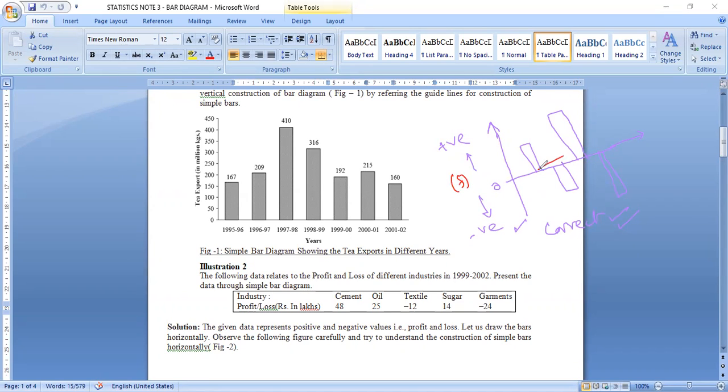And they are the industries. X has 5 industries, 1 2 3 4 5. So 5 industries, so 5 bars will be there. But the presentation is this, it is correct, no tension.